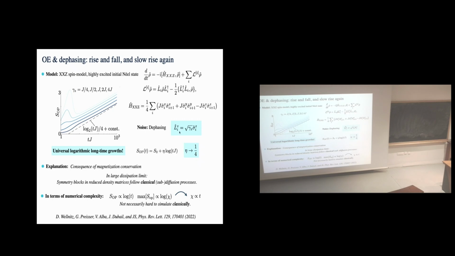The explanation is that if you do a perturbation theory in the large dissipation limit and look at this quantity, the operator entanglement, in a situation where you have a strong conservation law, you see that it actually has two contributions. One comes from the fact that you have a block diagonal form of your density matrix where you have a distribution of the blocks.